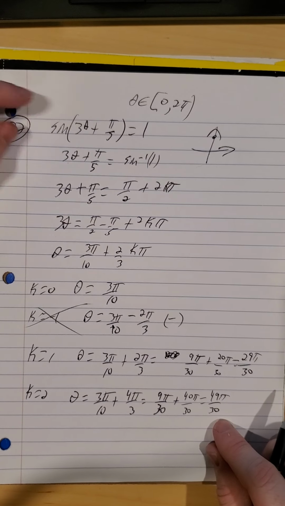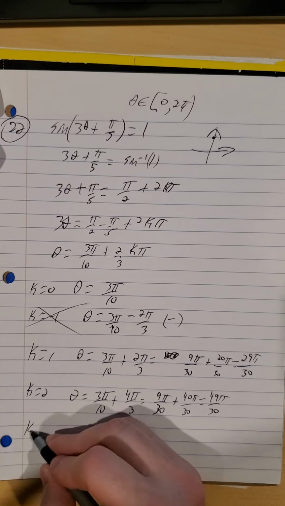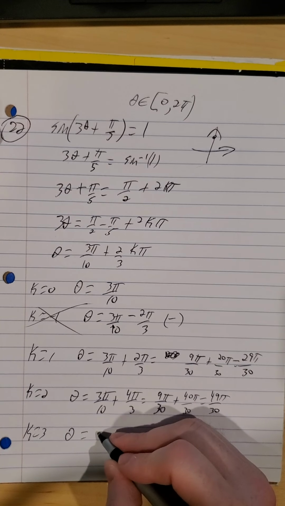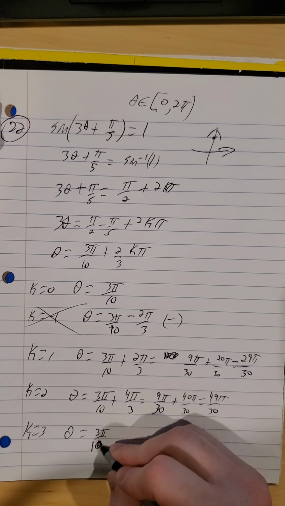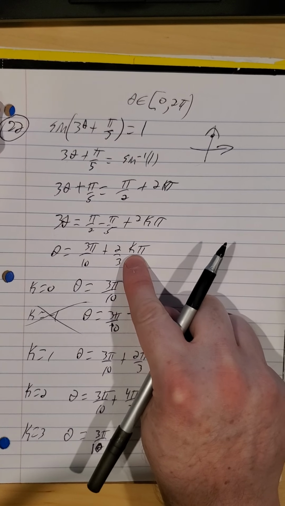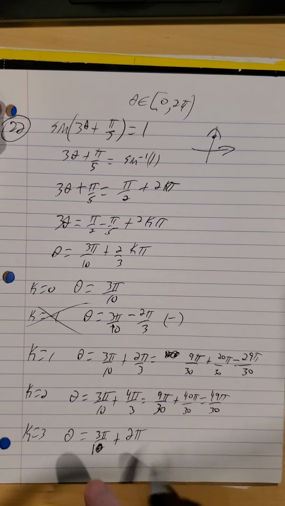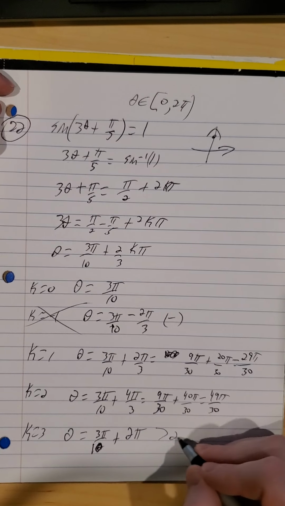That's still under 2 pi, so we're happy with that. K equals 3, however, theta is 3 pi over 10, and then k equals 3, the 3's drop, so plus 2 pi. So I have a positive plus 2 pi that is greater than 2 pi.